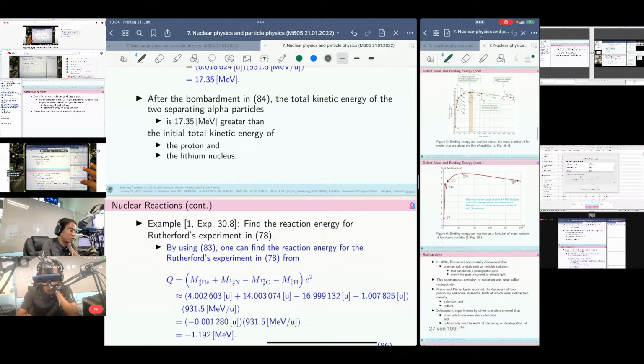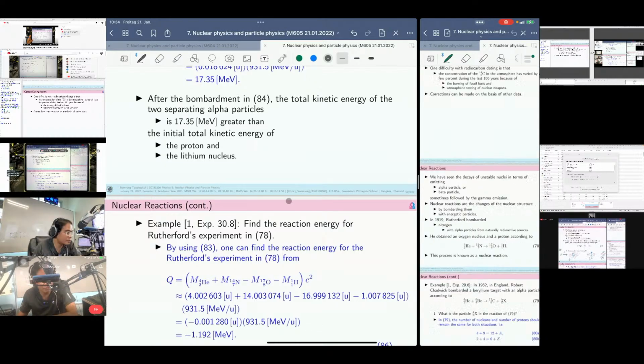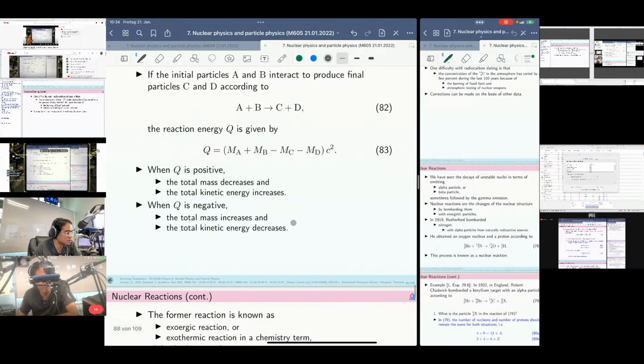In 1919, Rutherford made the experiment, right? He accelerated the alpha particle. This one too, right? This is the accelerated proton by Chadwick, right? No, Chadwick is helium too. This one is from someone else.